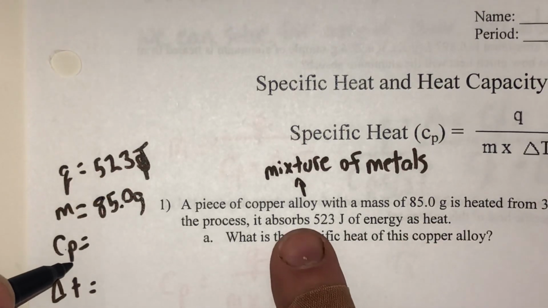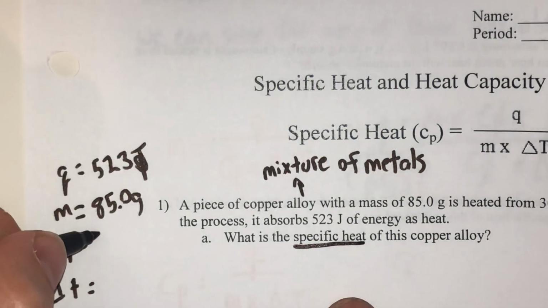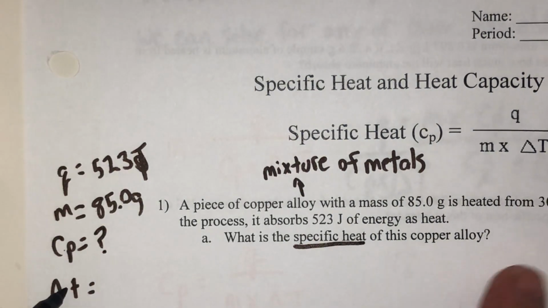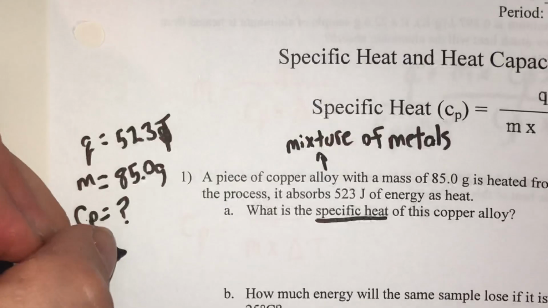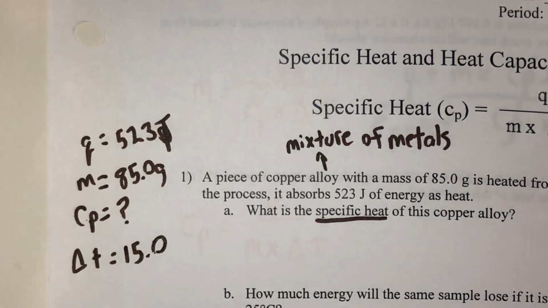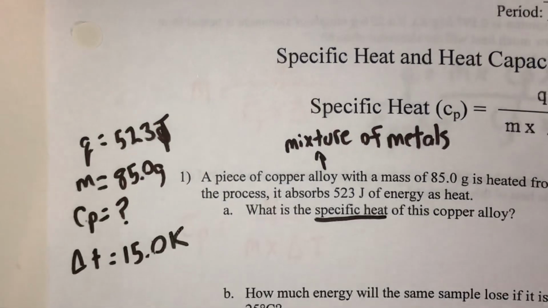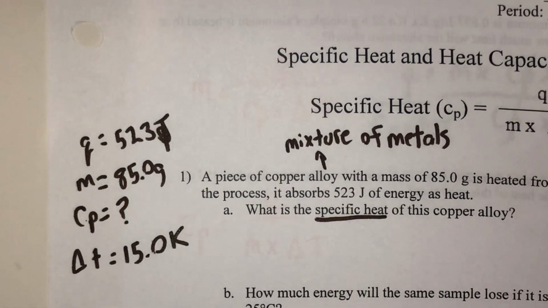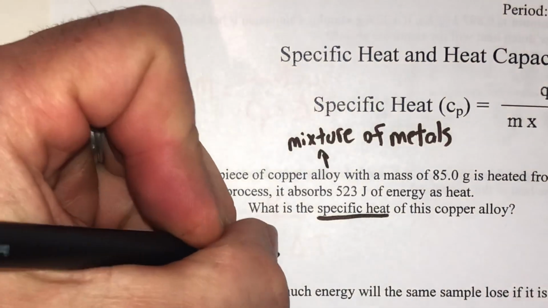My specific heat, that's what I'm solving for, so that's my question mark. And my change in temperature is 15 degrees. Remember, I can say 15 degrees Celsius or 15 Kelvin because the change in temperature is the same for both.